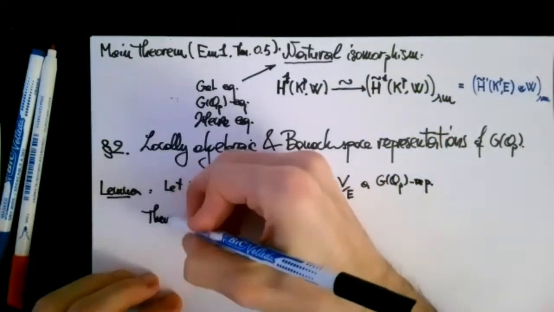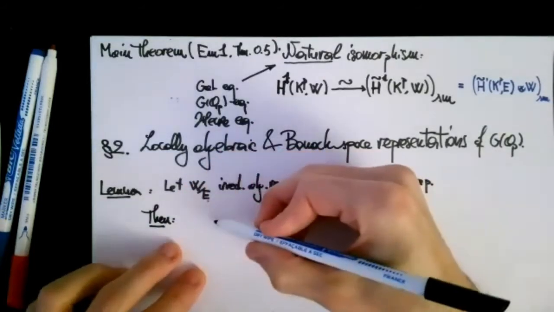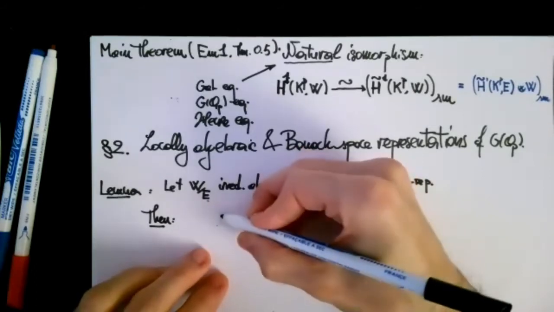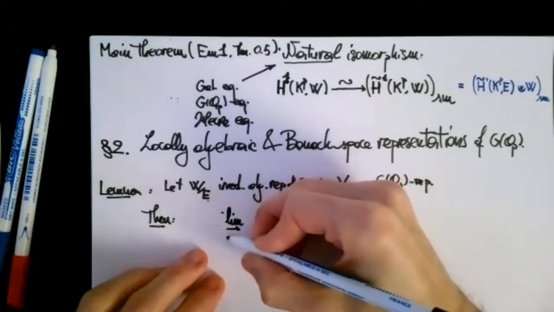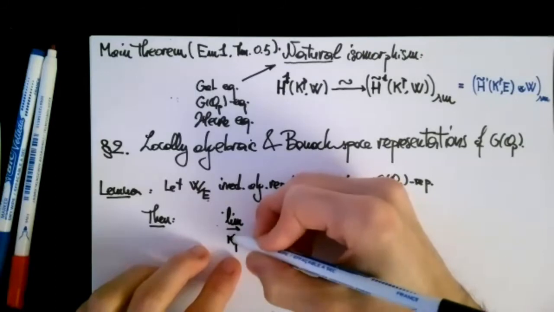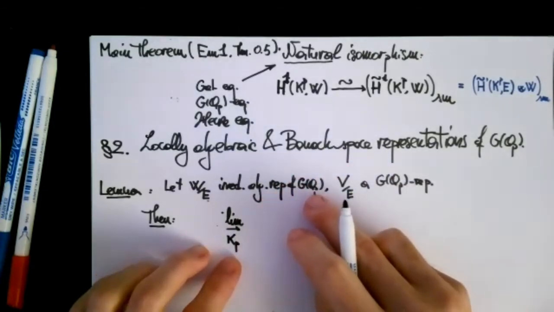Then what happens? Well, I can consider the limit over all levels K_p. These are, as usual, compact open subgroups of the maximal compact of G(Q_p).